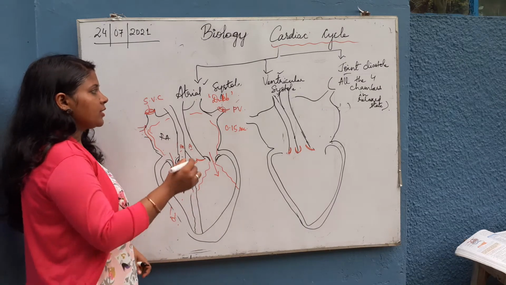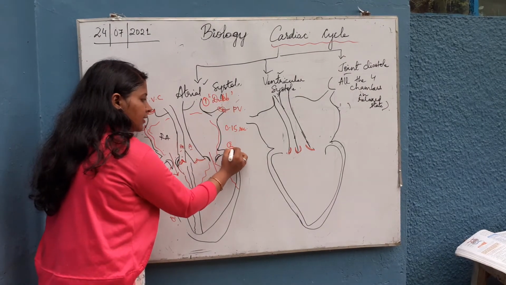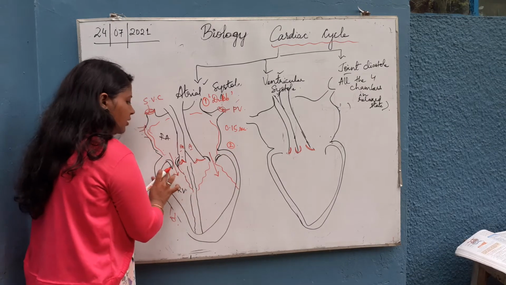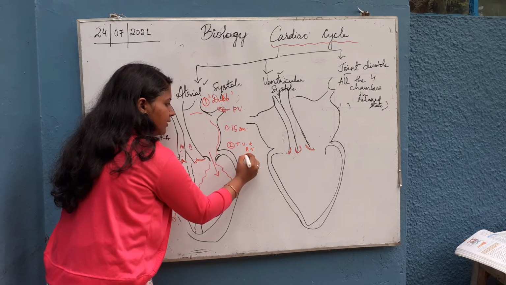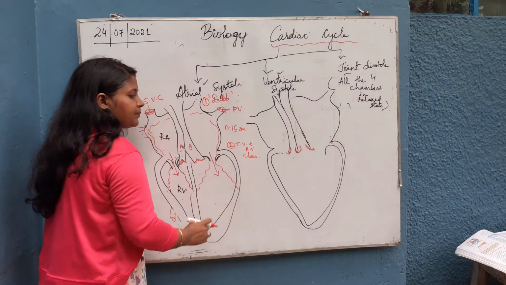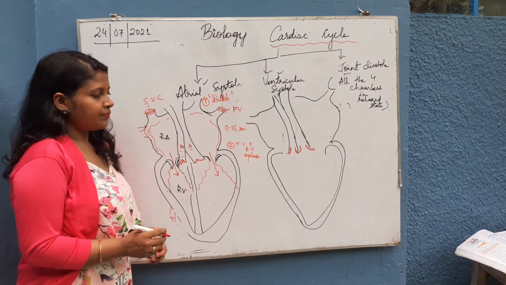So two points you can say: the dub sound is produced, and the tricuspid valve and bicuspid valve open, and the rest will be closed.